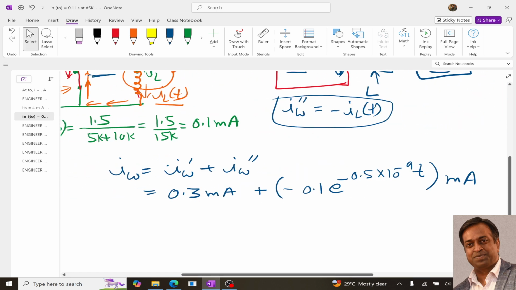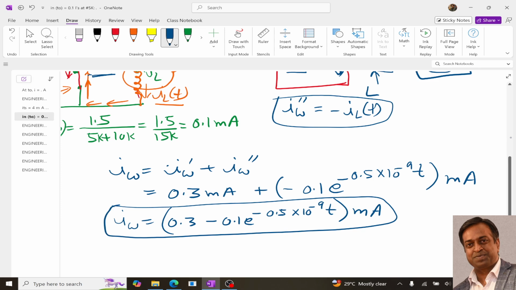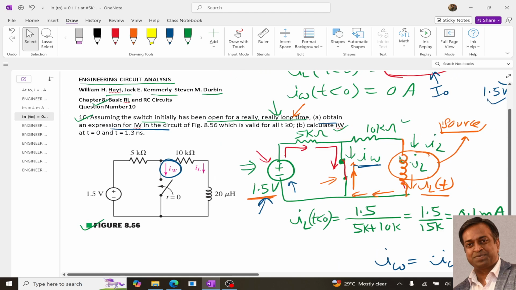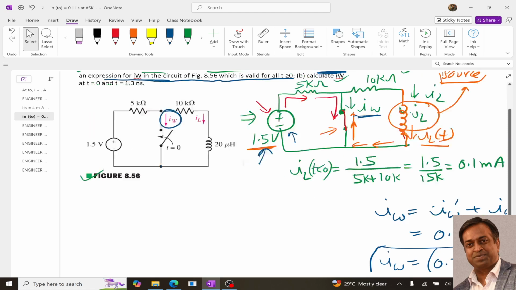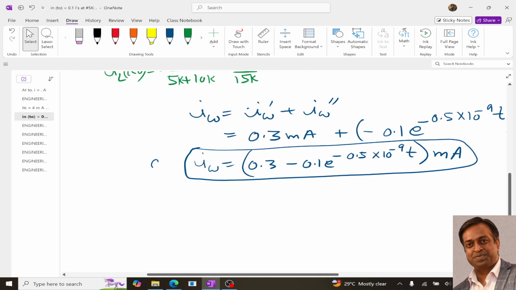So in simple words, IW equals 0.3 minus 0.1 e power minus 0.5 into 10 power minus 9 t milliamperes. This is the answer to the first part of the question, which says we need to obtain an expression for IW in the circuit valid for t greater than or equal to 0.